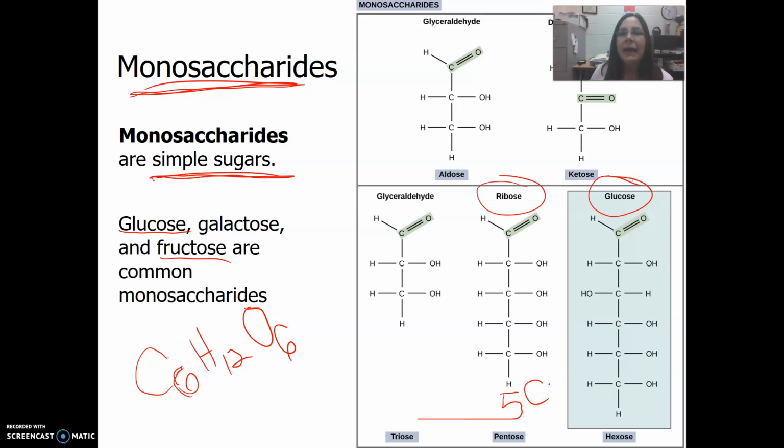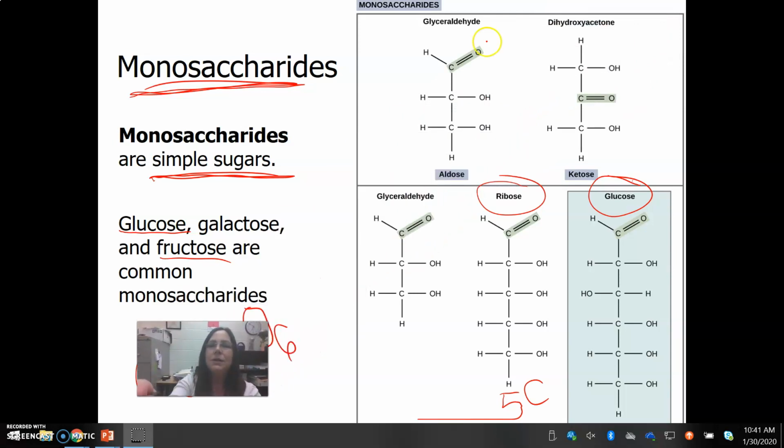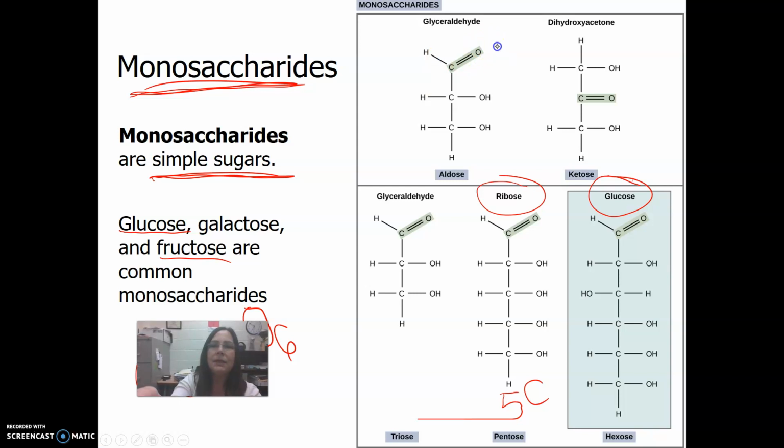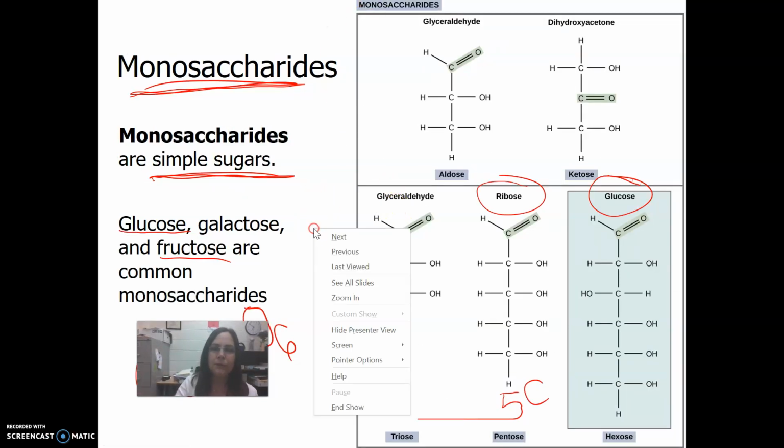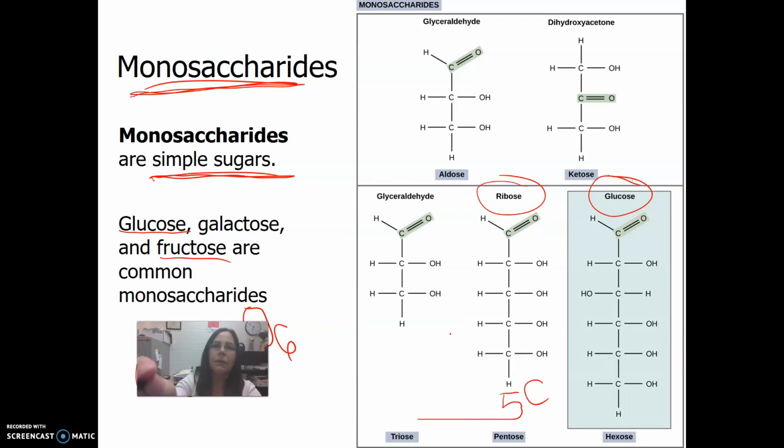And then at the top, you can see the difference between an aldose and a ketose sugar. An aldose sugar has a C double bonded to an O on the end of the molecule, and then a ketose sugar has a C double bonded to an O in the middle of the molecule.